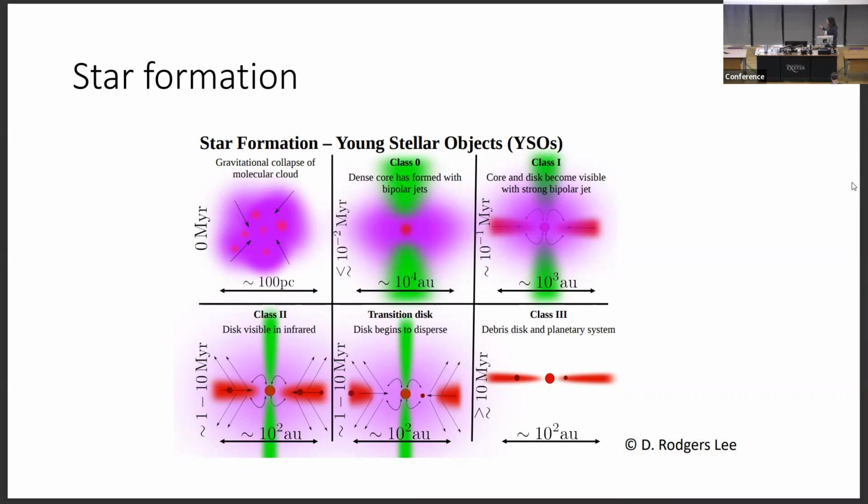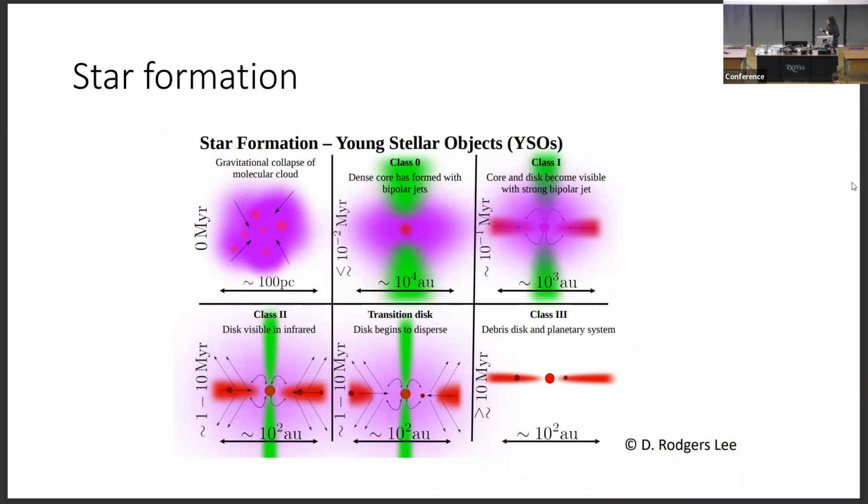In the first phases, the envelope is basically much larger than the mass of the star, so we cannot really observe it at near infrared wavelengths. But as the envelope dissipates and we go through the class 2 phase, the star becomes visible at near infrared wavelengths, and we can study the disk and in some cases the jet.